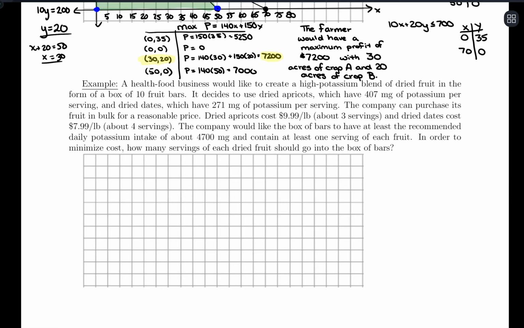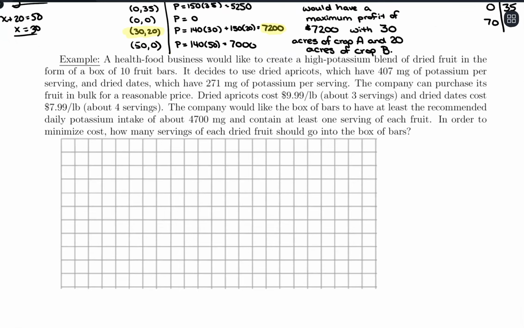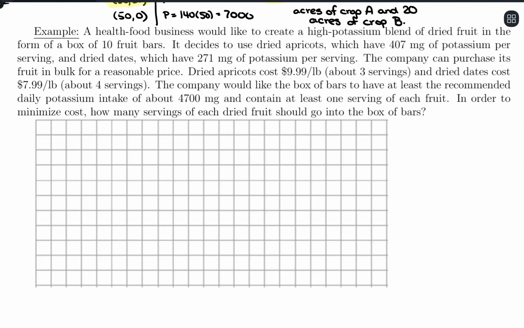Okay, so again, I like to start at the end of the question. The final sentence says, in order to minimize cost, how many servings of each dried fruit go into the box of bars?